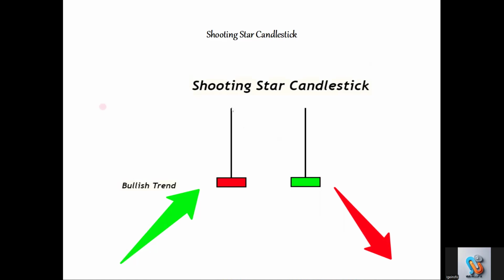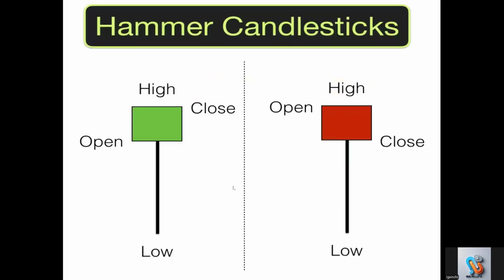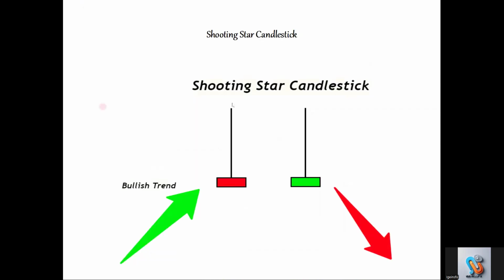This is what we call selling pressure, while this one here is buying pressure. As they were pushing the price to the downside, the time period was over.